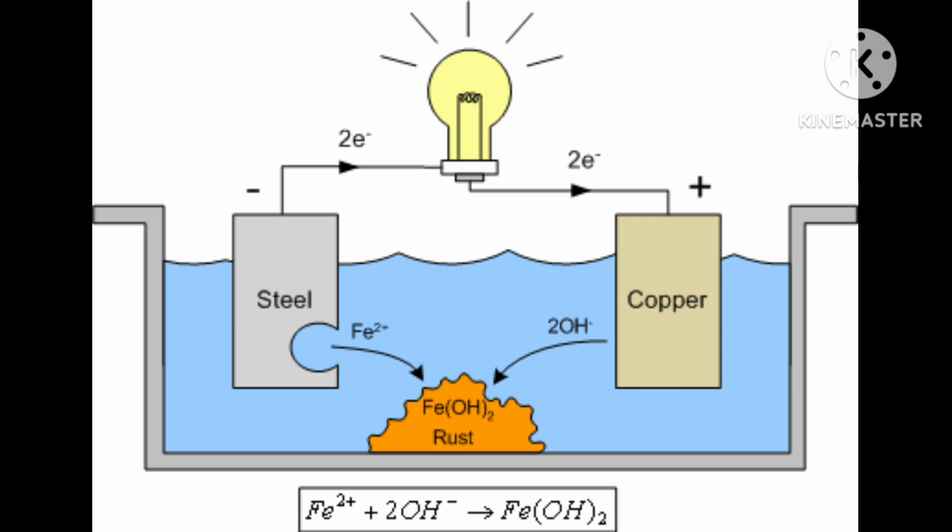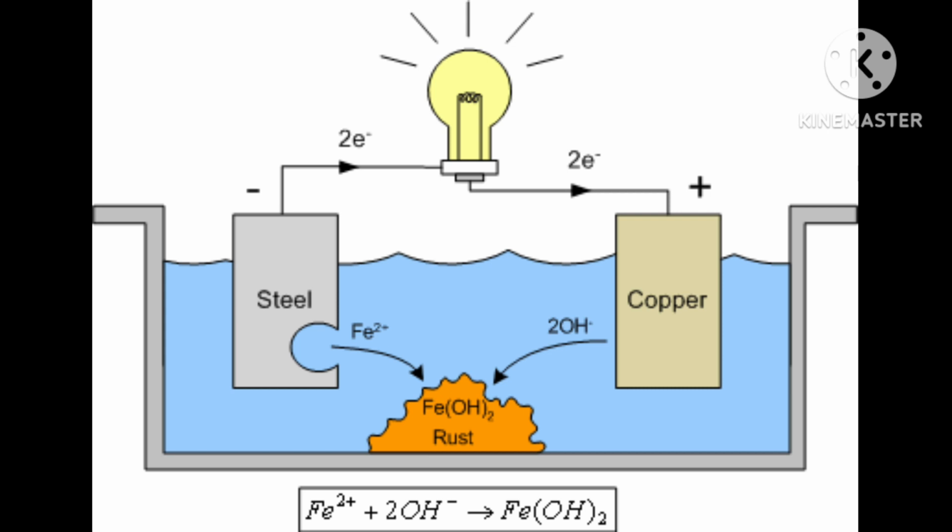Then you will ask from where this hydrogen came. It came from H2O. In air, H2O is there, moisture is there. In the rainy season moisture will be more, that's why corrosion will be more in the rainy season, because moisture easily gets to the surface of iron.